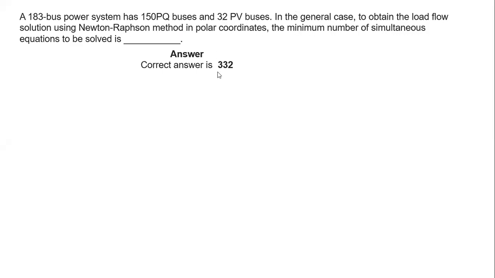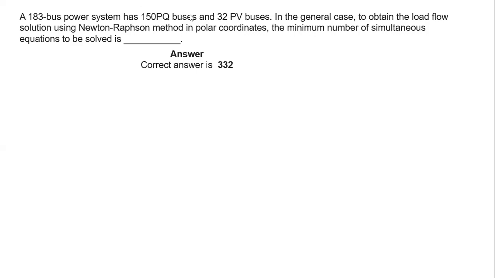Lokesh has asked, what about the slack bus here? Now you see there are 183 buses, out of which 150 are PQ and 32 are PV. What is the total here? 182. Here 183 means the slack bus is not included. Hope you understood. This is what you should see in the numbers.